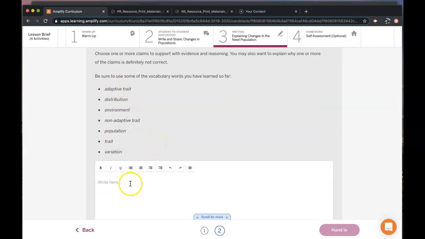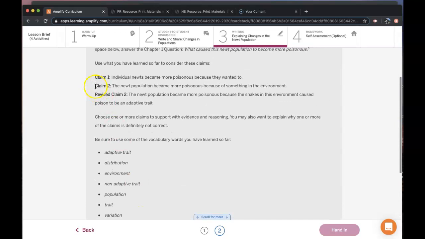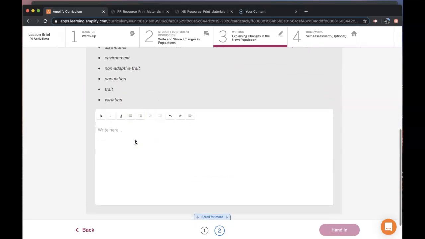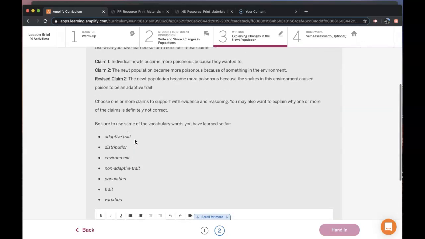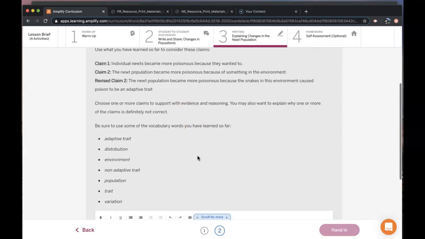So this is basically two parts: refute claim 1 and then support claim 2 with evidence. Write down everything we've done that shows that claim 1 is not true, and then evidence showing why claim 2 would be true. When you're done with this, go to Amplify, complete this activity, pause the video, and then come back to the video when you're done.